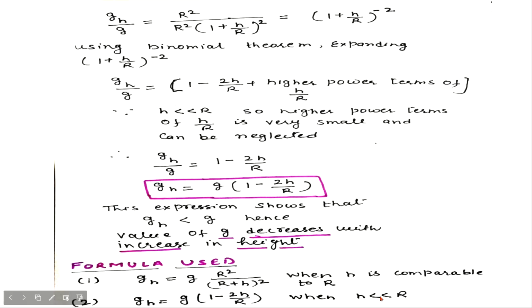But when h is very much less than R, then you will take the formula gh is equal to g times 1 minus 2h by R. This consideration you have to take while you solve numerical problems.